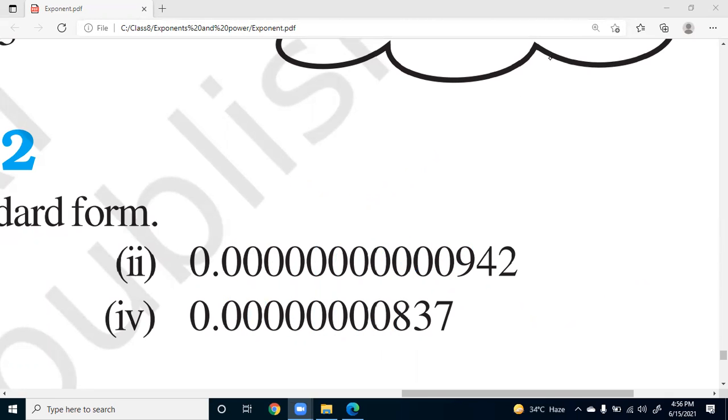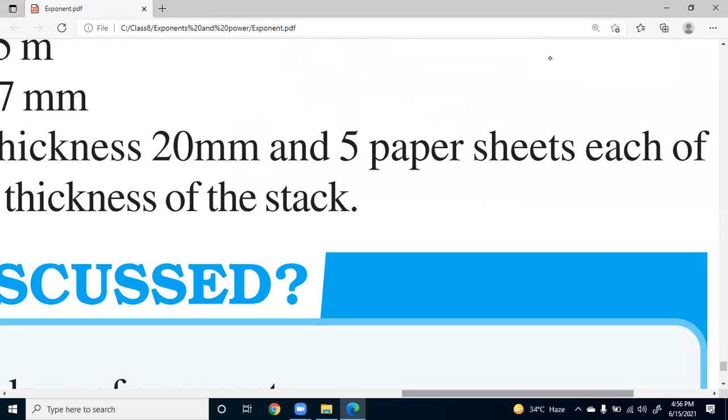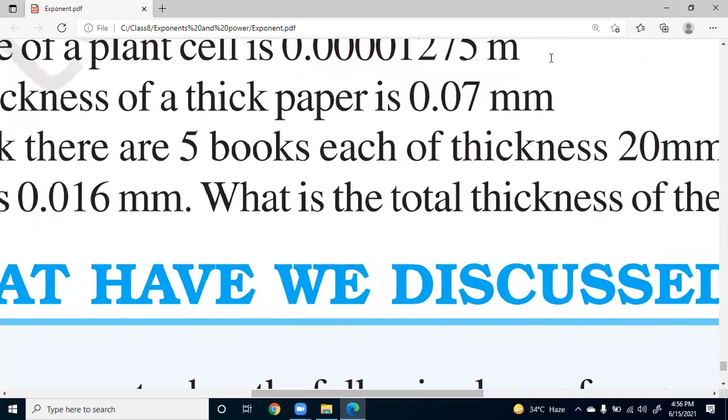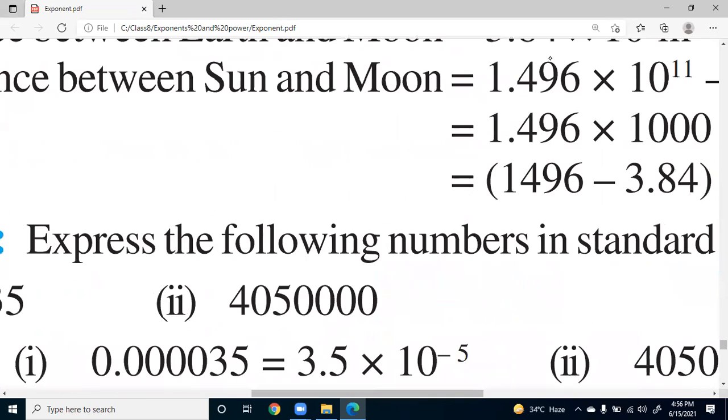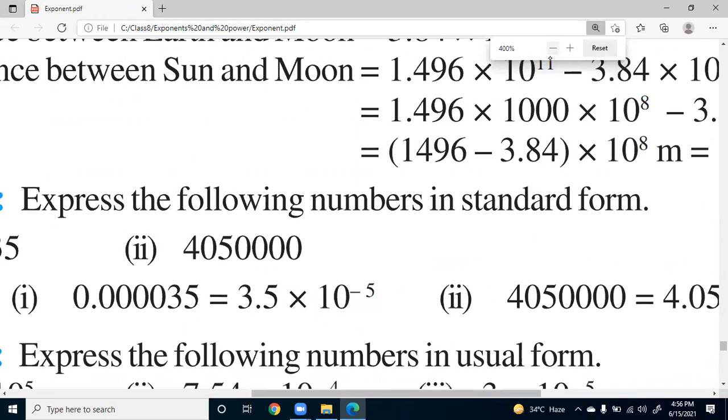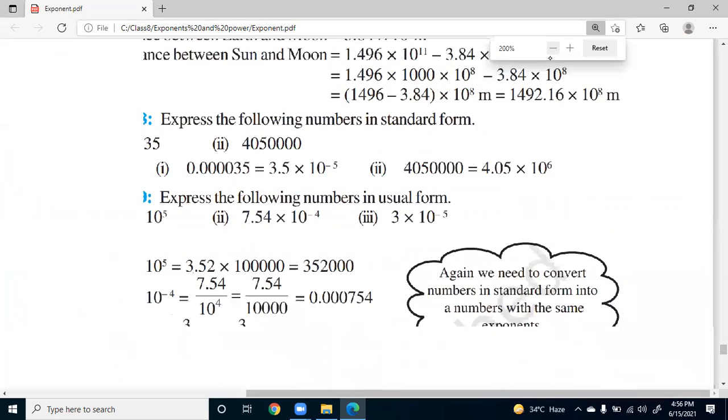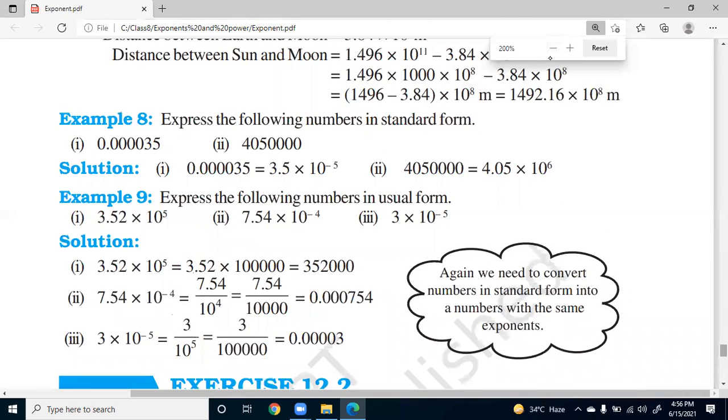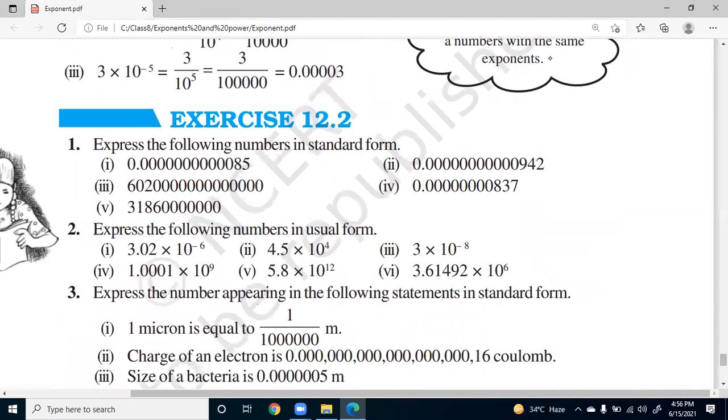Okay, so let's move to the next question. Express in the usual form. So that is question number 2. We need to express it in usual form.